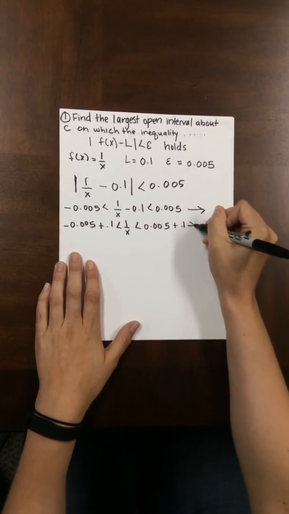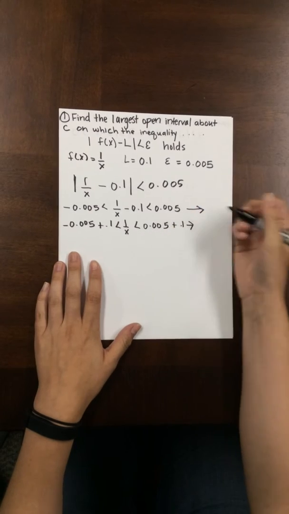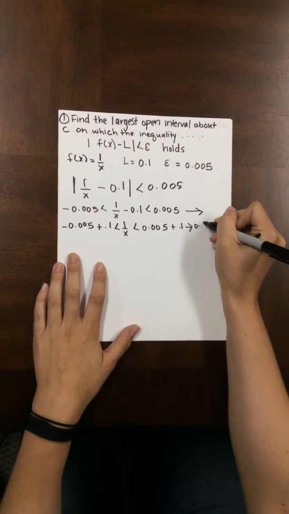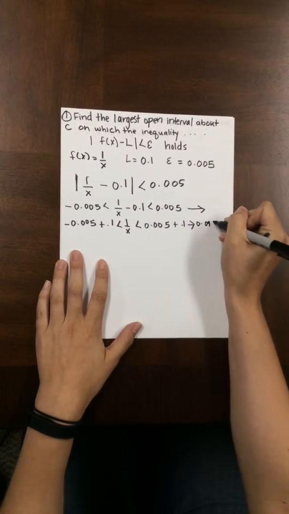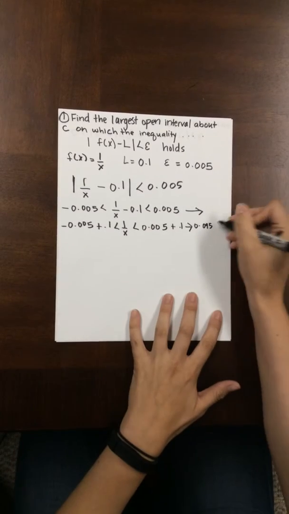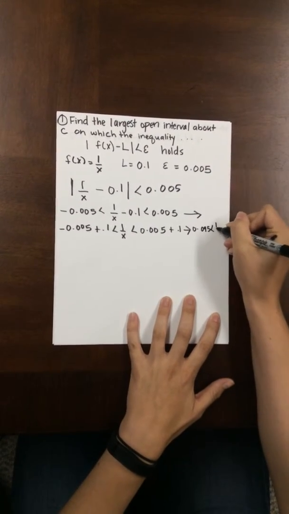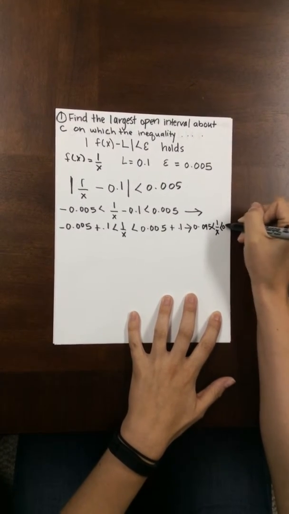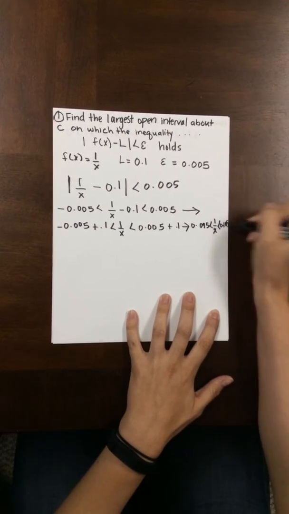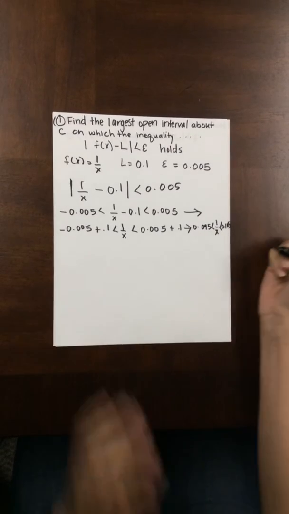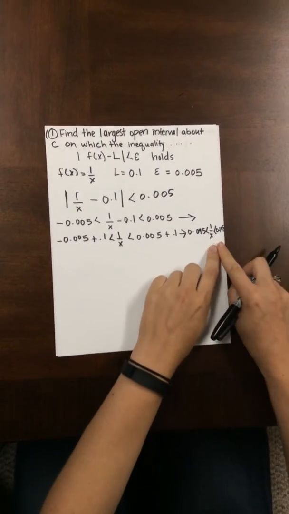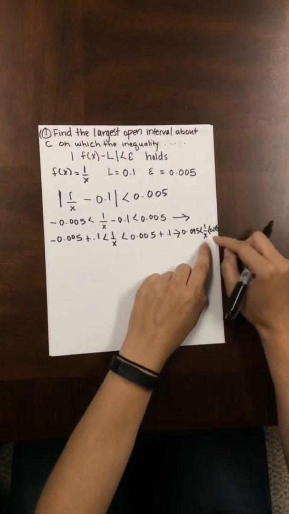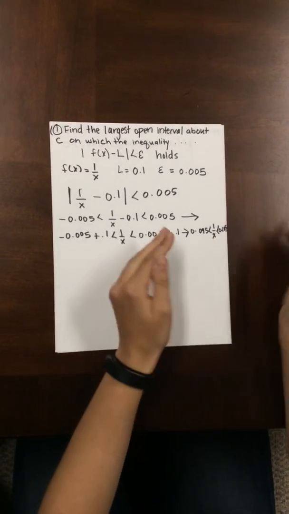And then when we calculate that out, we get 0.095 less than 1 over x less than 0.105. And I'm going to rewrite that again over here as we work on getting x alone. If we look here, we have 1 over x. So to get x alone, we want to find the reciprocal.